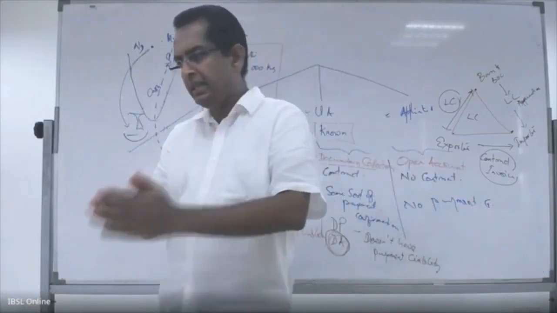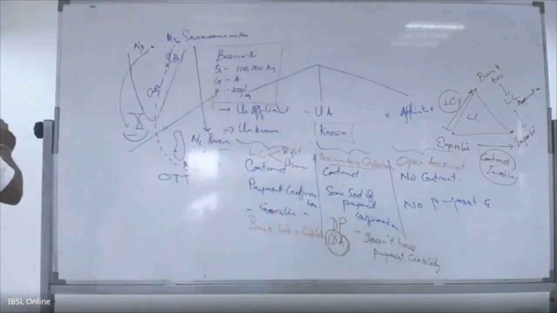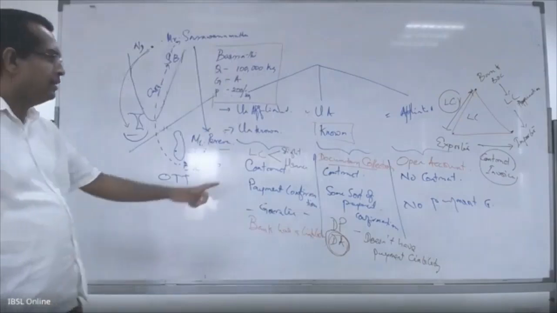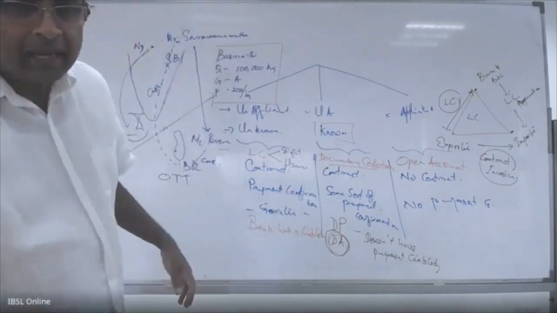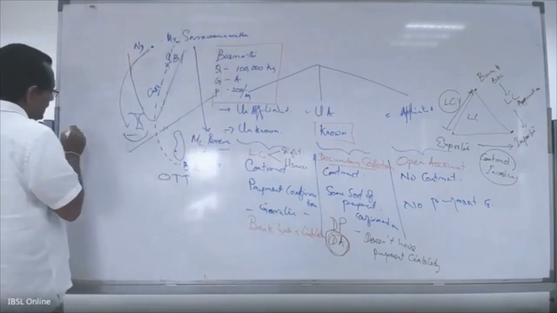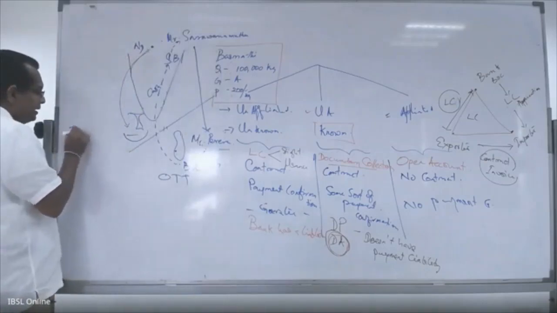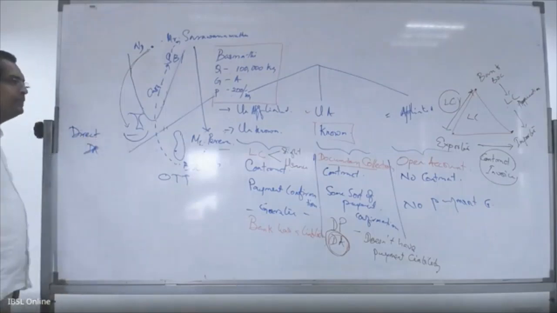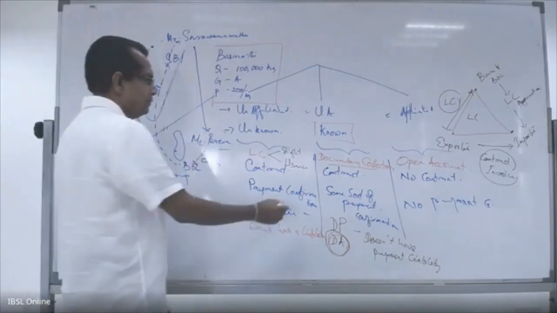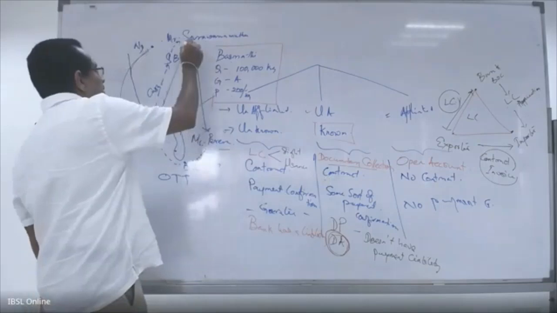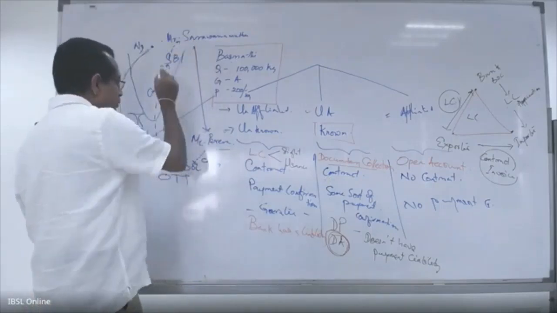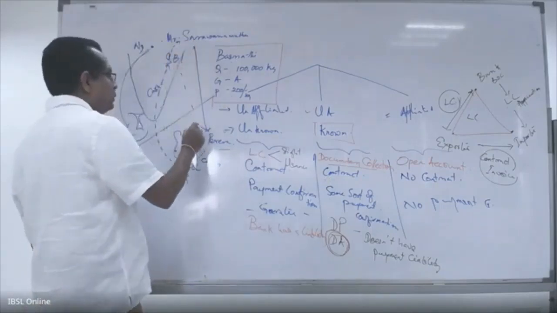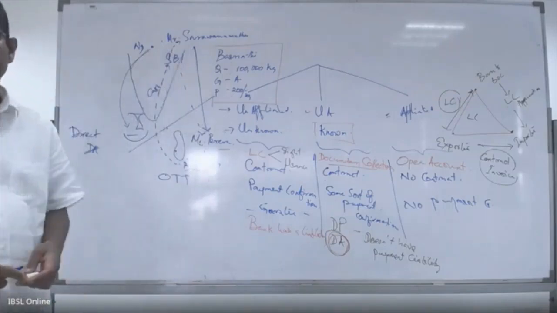Then we have another thing, right? Under this, we have direct DA, direct DP. That means instead of sending documents to the bank, the exporter sends them directly to Mr. Pereira.